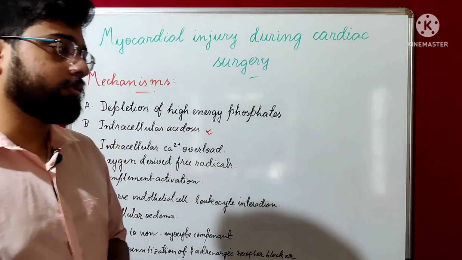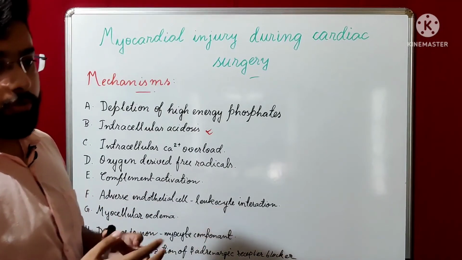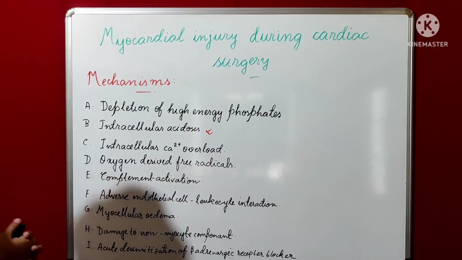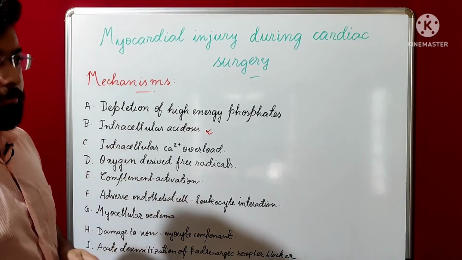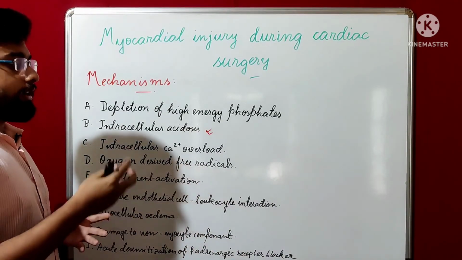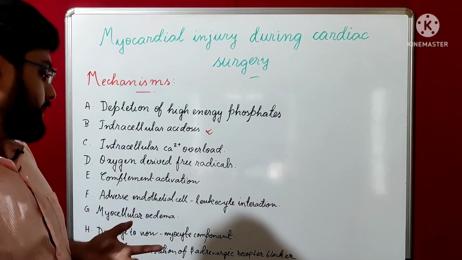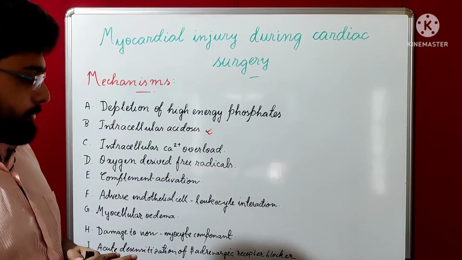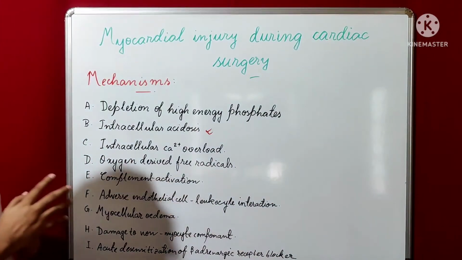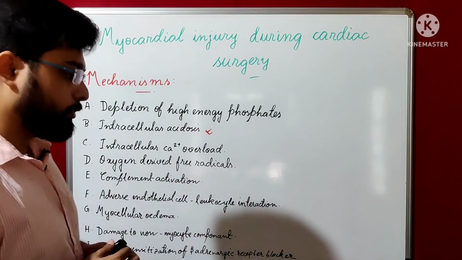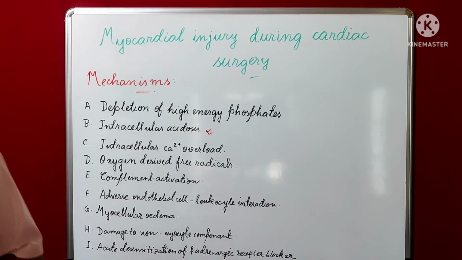The inotropes that we use after cardiac surgery to support the cardiac function act on the beta receptors, and their activity will be reduced, because the sensitivity of beta receptors is reduced, so the beta receptors will not respond to the inotropes. So after cardiac surgery, countering low cardiac output syndrome will be very difficult. So it is also an important point.